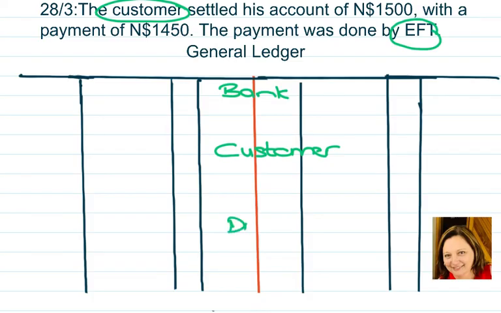There was then a discount allowed. We allowed him discount because he owed us money. All right, let's start with the beginning now. Where are the debits and credits? Our bank, will the bank increase or decrease? The customer paid into our bank account, so the bank will increase.